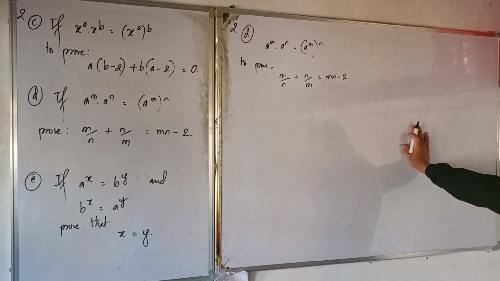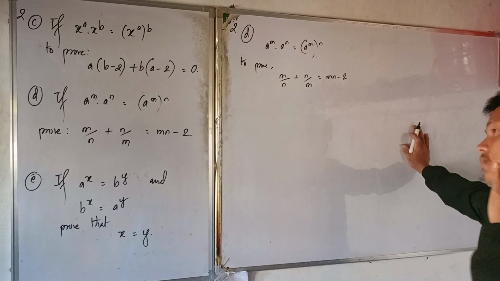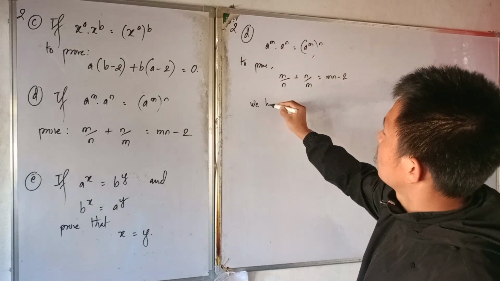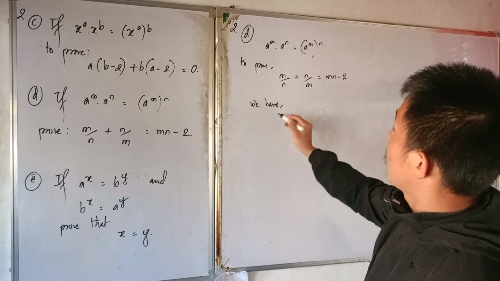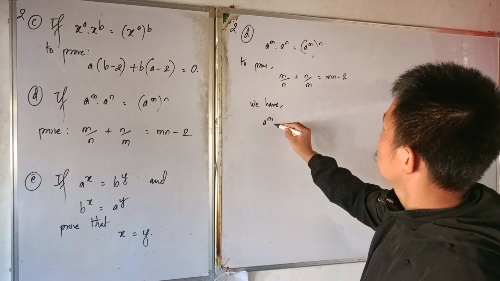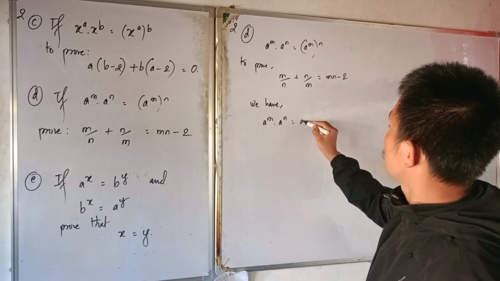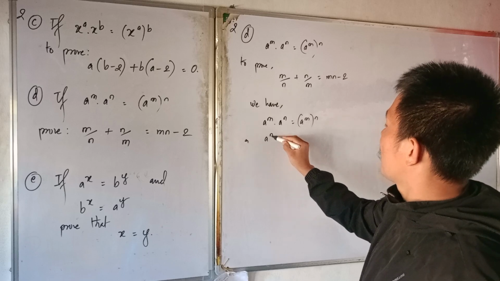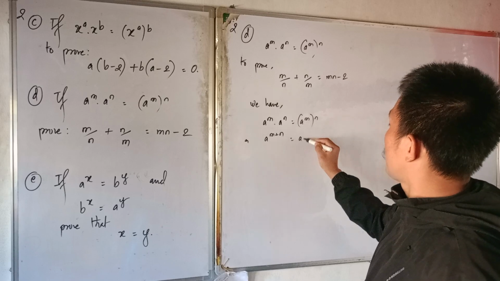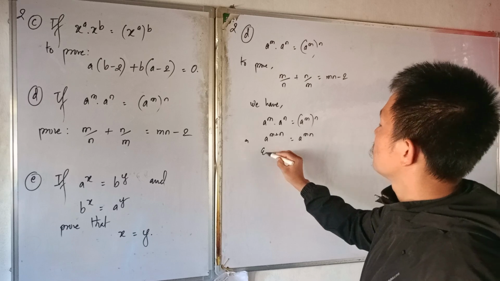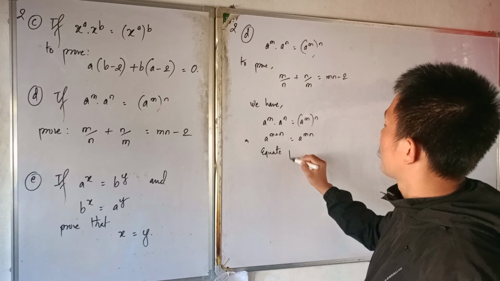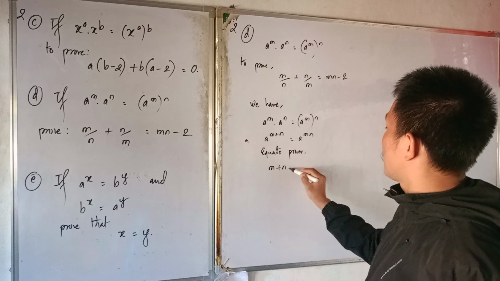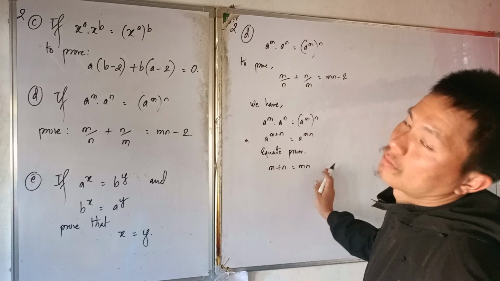Just like we did in number 2C, we use this: a^m times a^n equals a^(m+n), which equals a^(mn). Now equate powers, and you will get m + n = mn.